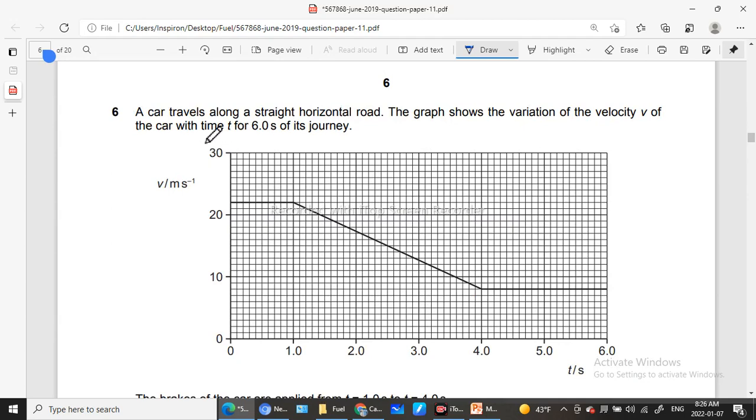A car travels along a straight horizontal road. The graph shows the variation of the velocity v of the car with time t for 6.0 seconds of its journey.